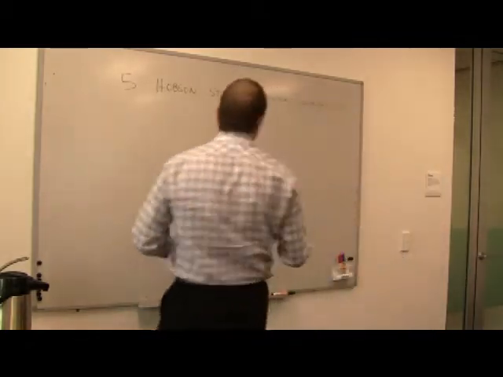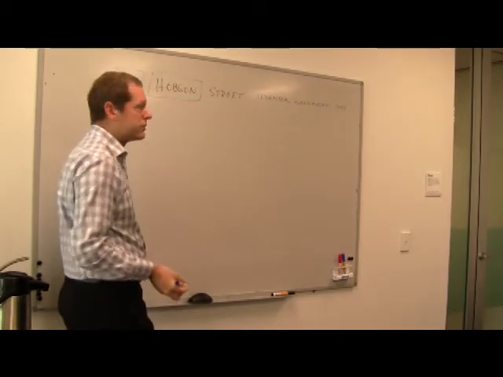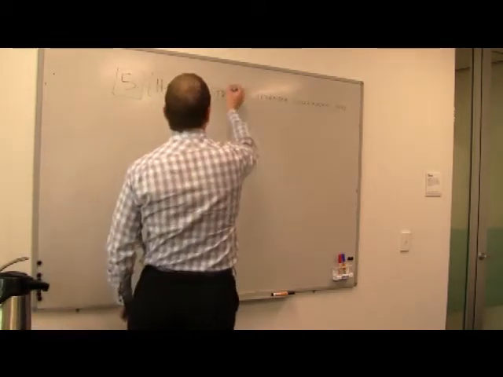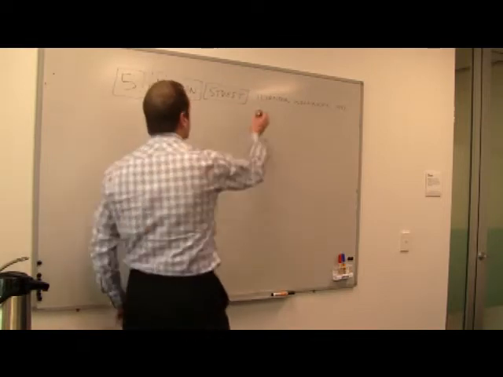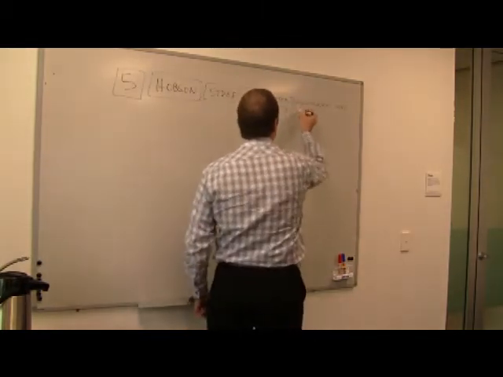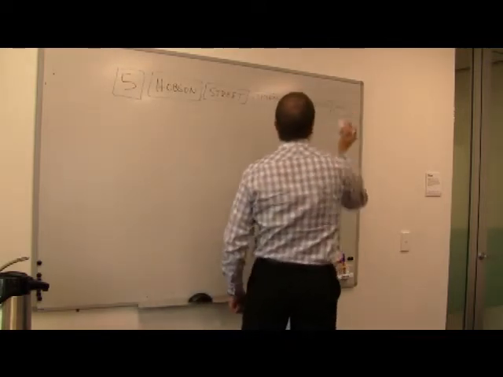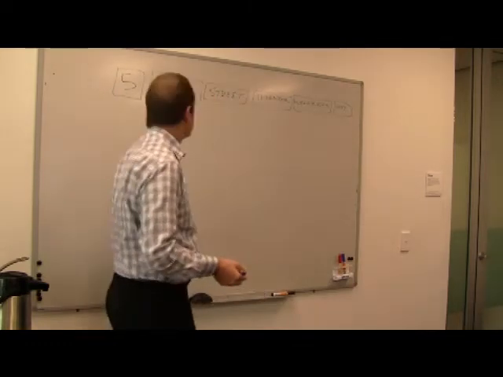Just quickly going through the string, we can identify that 5 is a component of that address, Hobson is a component, street is a component, we have a suburb component, a city component, and a postcode. And we can name all those components.